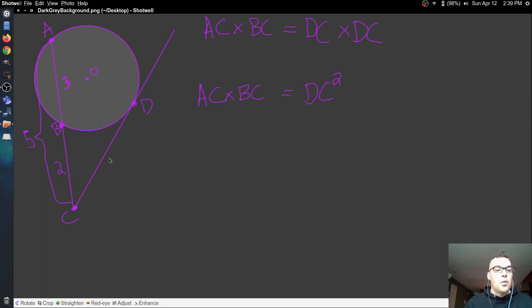And I want to know what's the length of DC. Well, according to this rule, I have to take the entire secant times its exterior part, and that's going to give me the tangent squared. So, oops, I got ahead of myself. 5 times the exterior part, which is just 2. 5 times 2 is 10, which is equal to x squared. That tangent would be equal to the square root of 10.